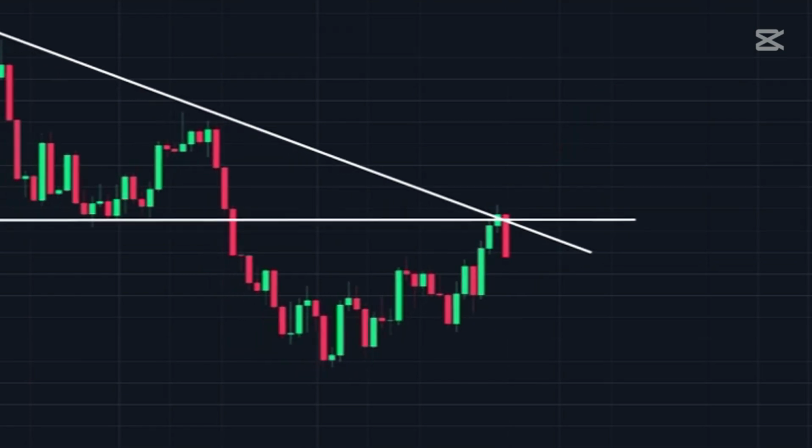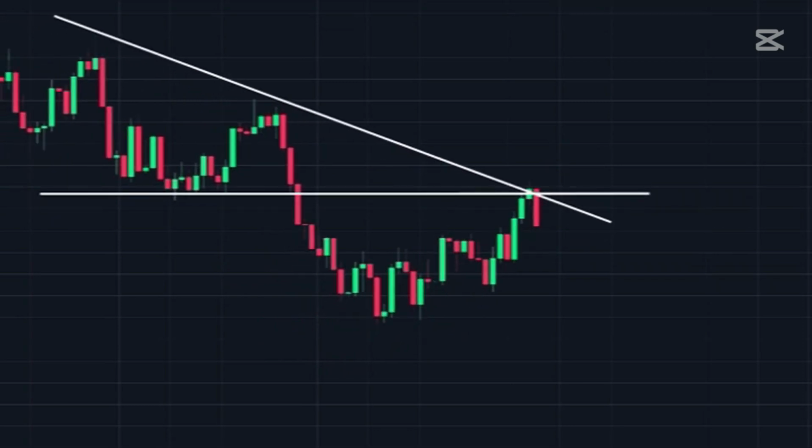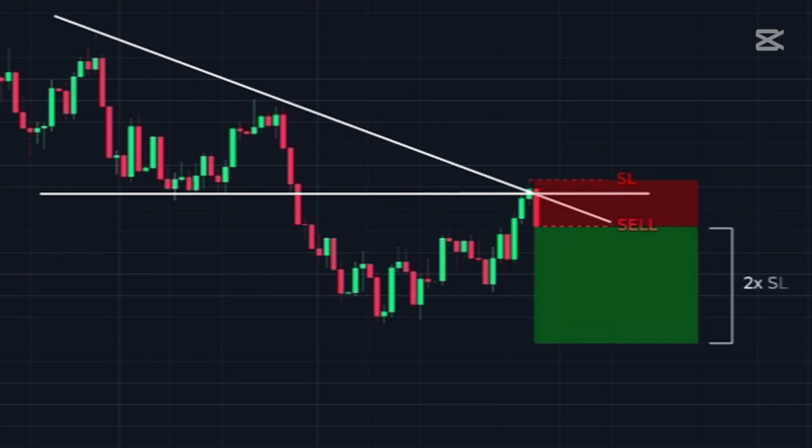From this level, this setup provides a good opportunity to enter a short position. Place a stop loss order above the high of the previous candle, and set the take profit at double the stop loss. As you can see, the price has dropped and achieved the profit target immediately after entering.